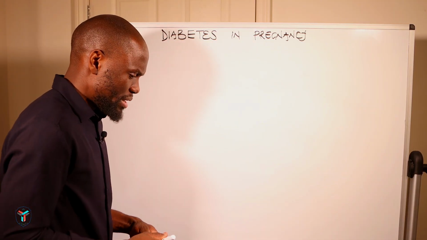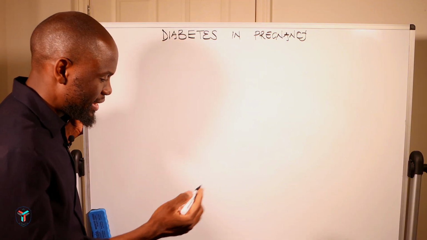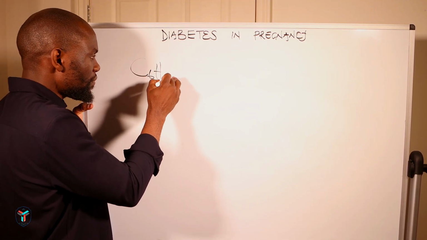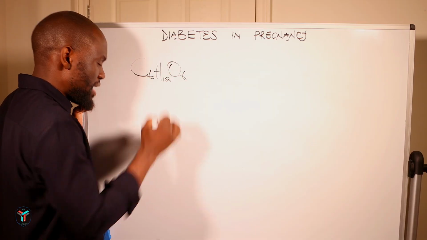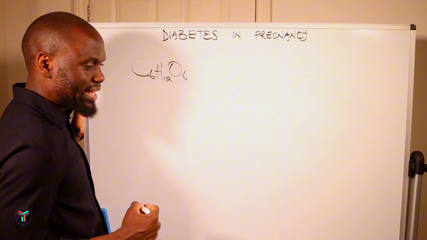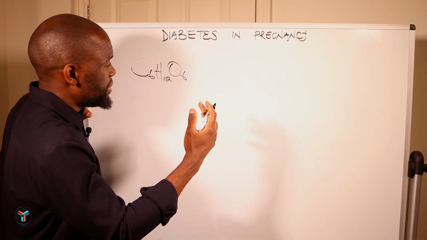Now, when we're talking about diabetes, we have already talked about the glucose levels being on the higher side. So if we find that your glucose levels are on the higher side, then it means that you are already getting into a stage where we are talking about diabetes mellitus.